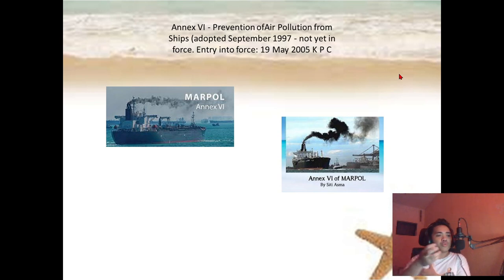That engine will produce air pollution, so MARPOL thinks that if that ship has a problem with its exhaust, it will be fixed because it can contribute to pollution and to global warming. So that's what MARPOL thinks, and that's all.